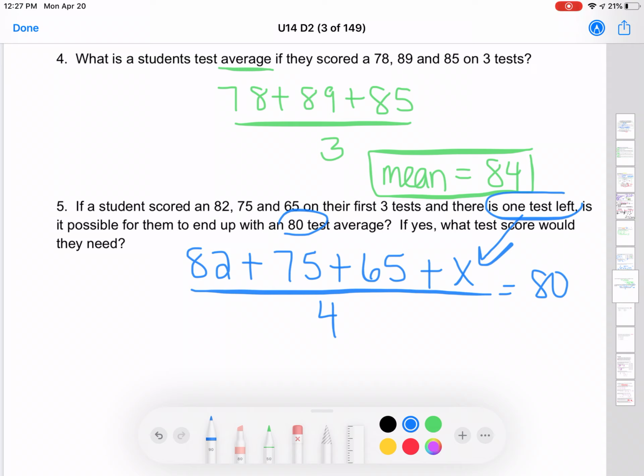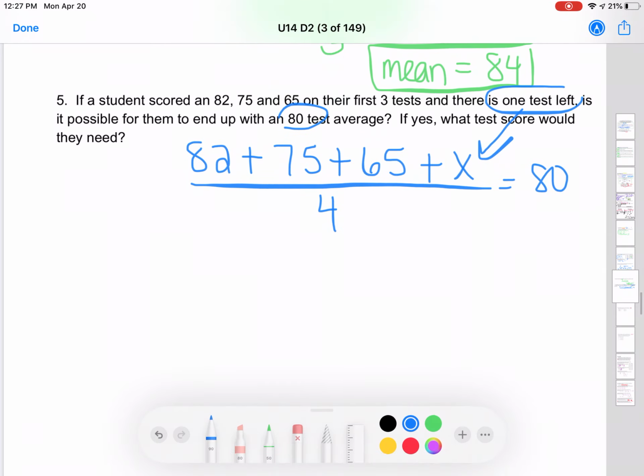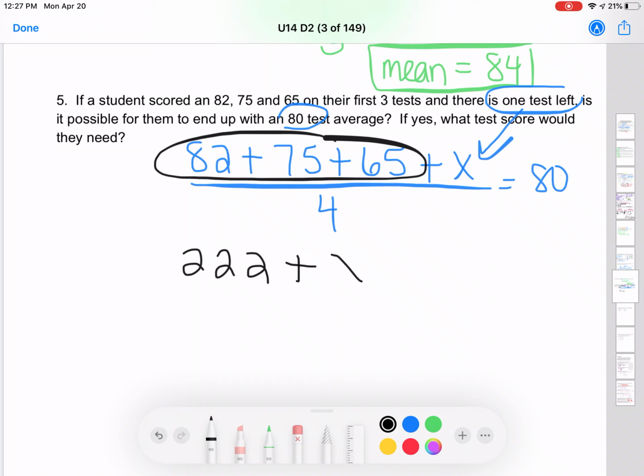So if we were in class right now, I would be asking you, what do you think we should do? And I'm pretty confident you would tell me to add those guys up. If I add those up, I get 222 plus X divided by 4. I'll set that equal to 80.